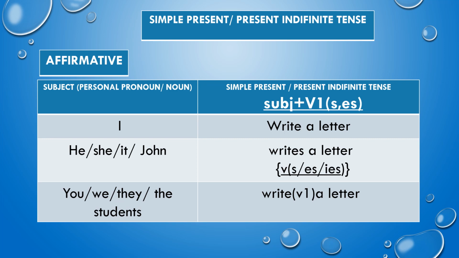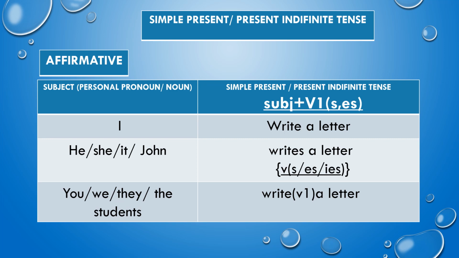But if we look closely at the table, we shall also see that some of the subjects have a verb with es or s added to it. But we shall also see that some of the subjects with the verb do not have an s or es added to it.